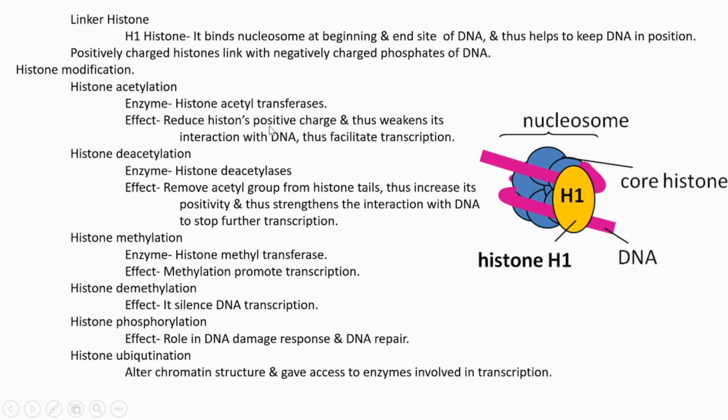As the positive charge diminishes, it loses strength of interaction with the DNA. As it has more positive charge, only then can it strongly bind with the DNA. As the positive charge reduces, the strength of bonding with the DNA reduces. Okay, that is the effect of acetylation.